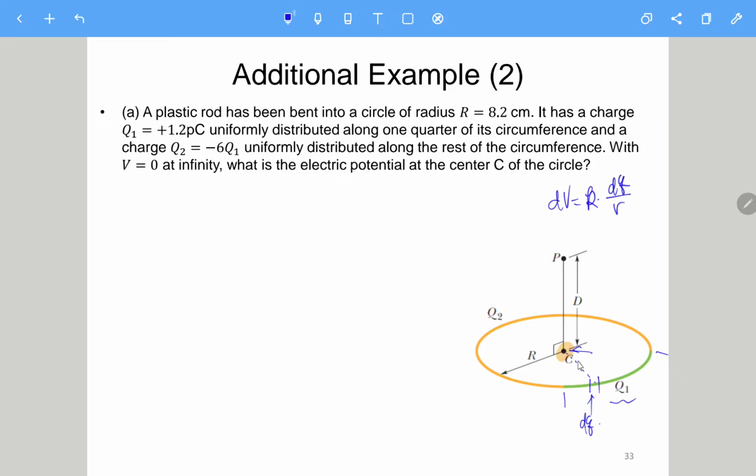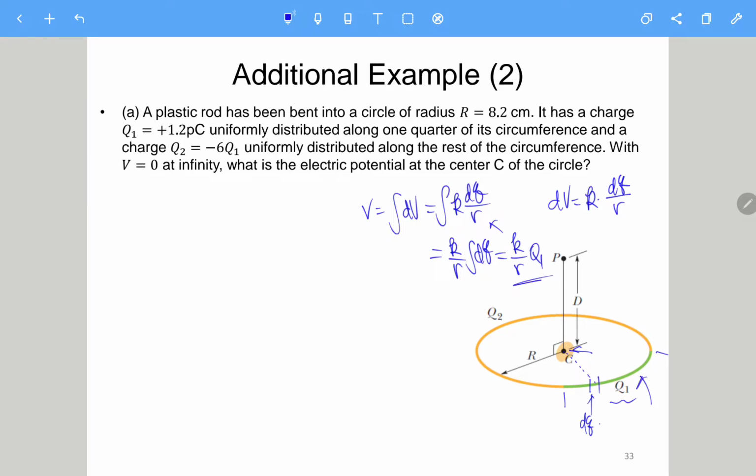The distance from the center to the circle is a constant, so r is just a constant. So V equals the integration of dV, which equals the integration of k dq over r. Since r is a constant, it turns out to be k over r times the integration of dq, which is the total charge, so k over r times Q1 for this segment.